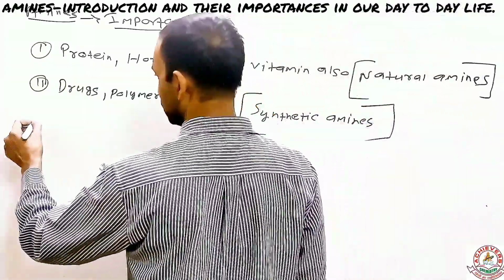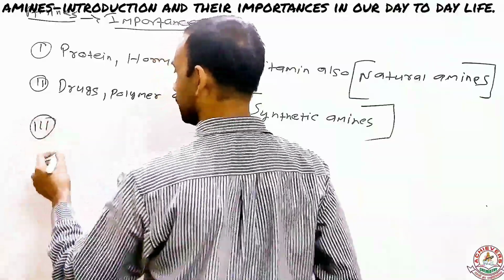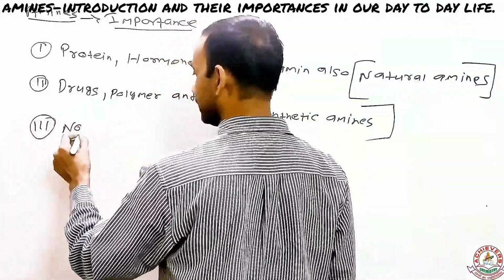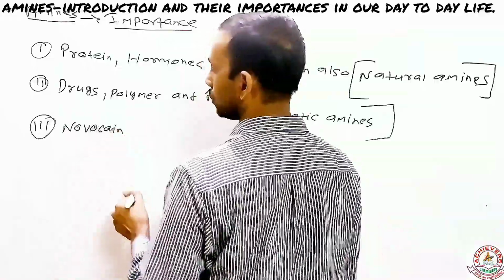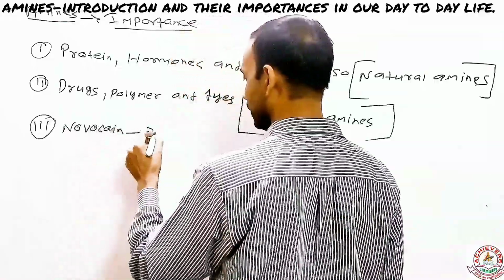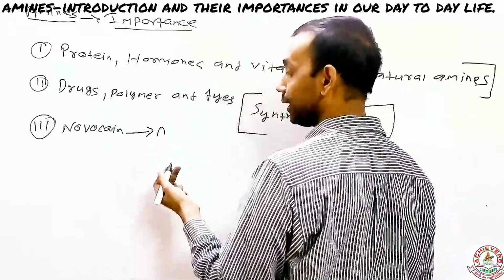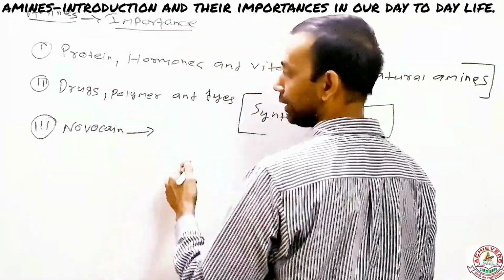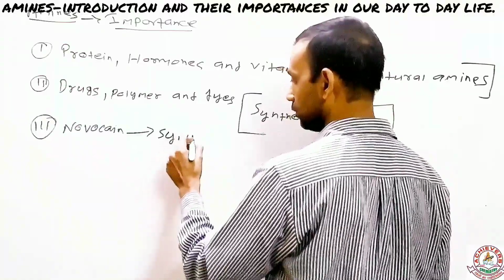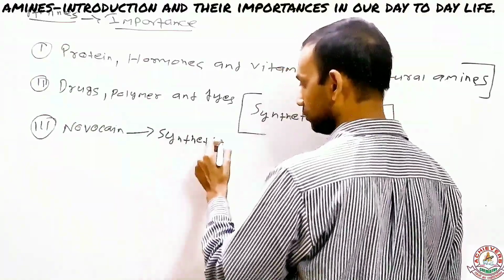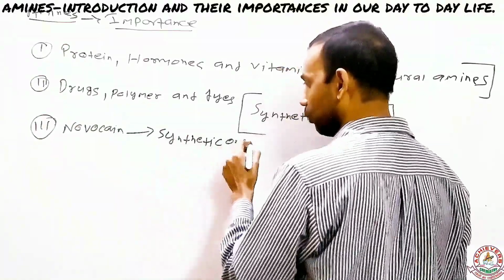What third importance I can tell you, if you remember an anesthesia which is called Novocaine. So this Novocaine, like I said, is an anesthesia, and this is also a synthetic one. Now, what is this Novocaine?